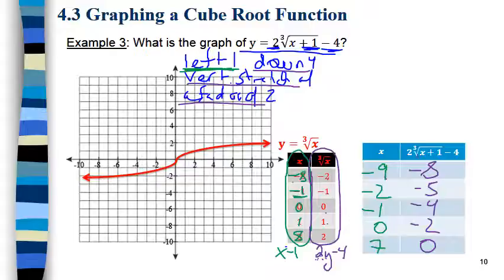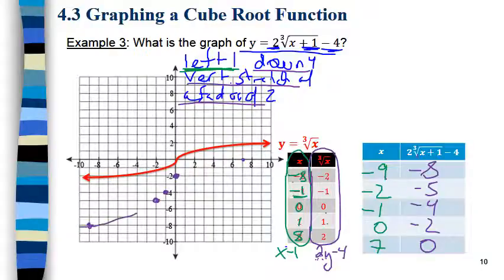And so our new function is going to go negative 9, negative 8; negative 2, negative 5; negative 1, negative 4; 0, negative 2; and 7, 0.